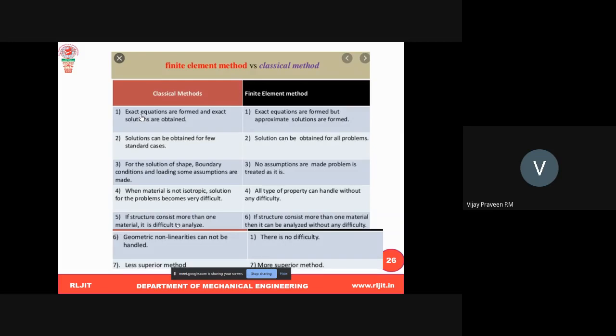What do you mean by geometric non-linearities? This is a very important one. Linearity, non-linearity, here they are talking about geometric non-linearity. What do you mean by geometric non-linearity? Can anyone answer? Geometric non-linearity means what?